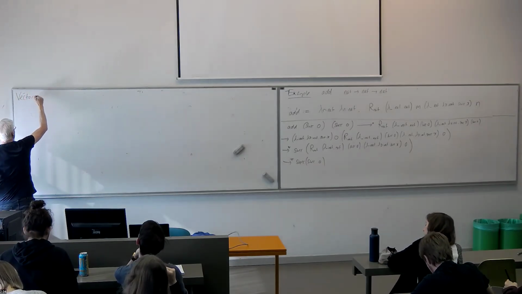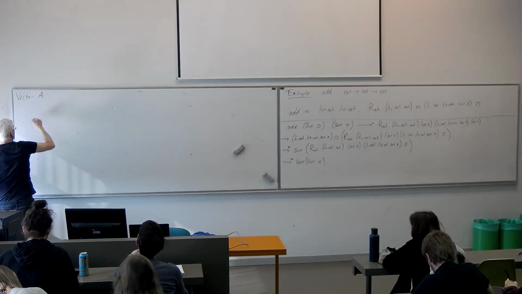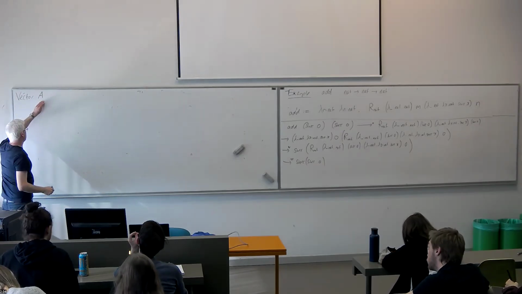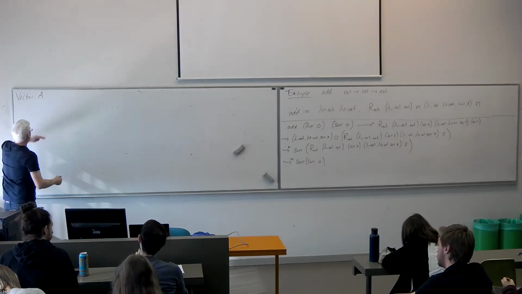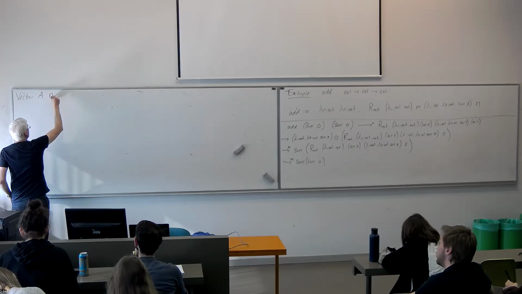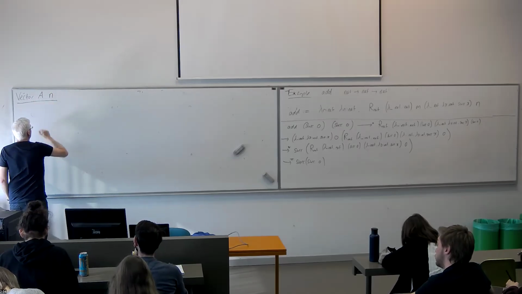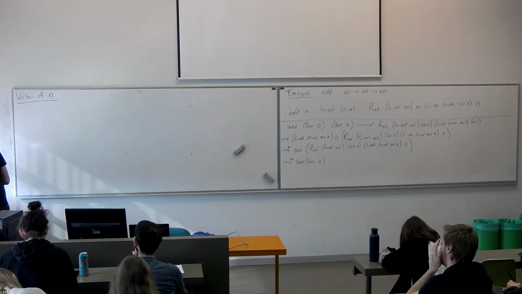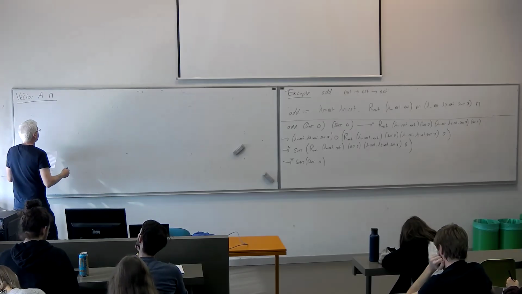Okay, so our vector type is of the form vectors whose values are of type A, whose length is a natural number n.